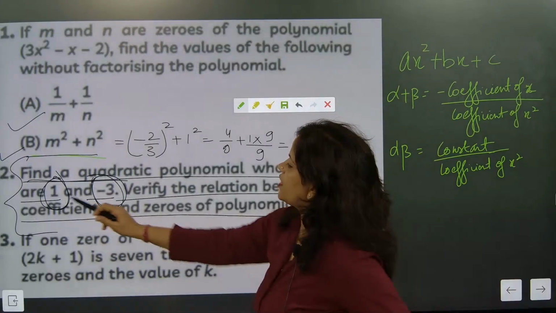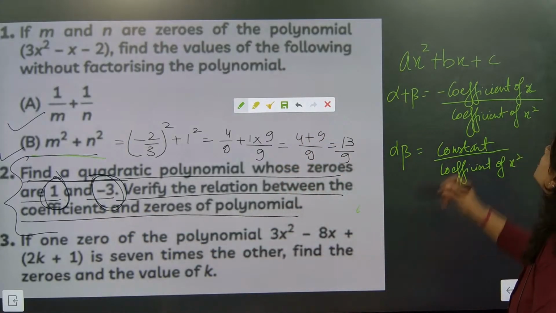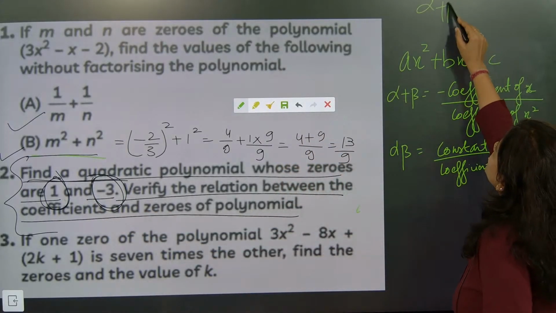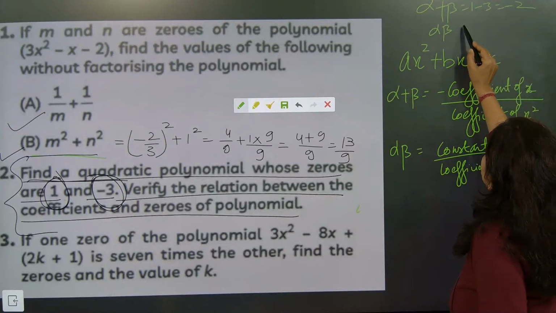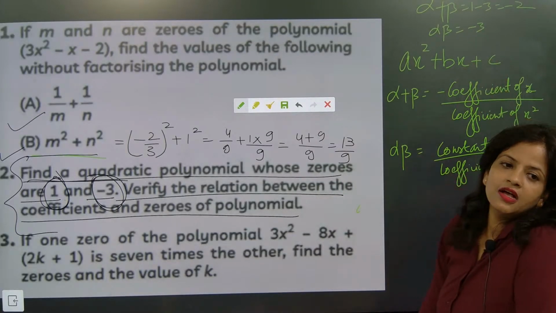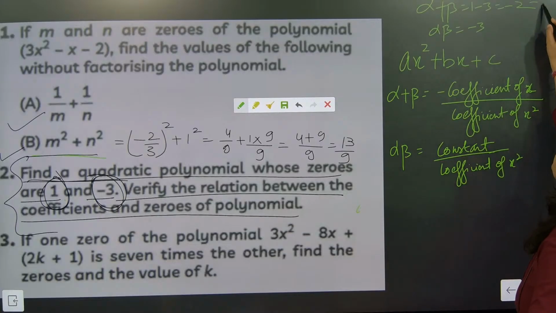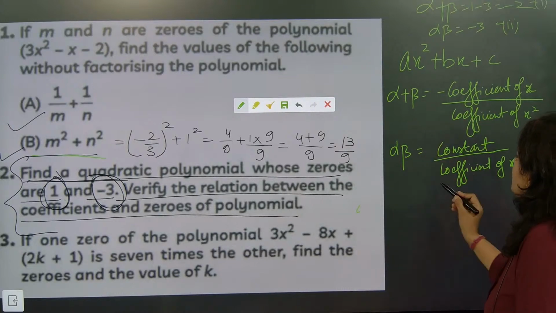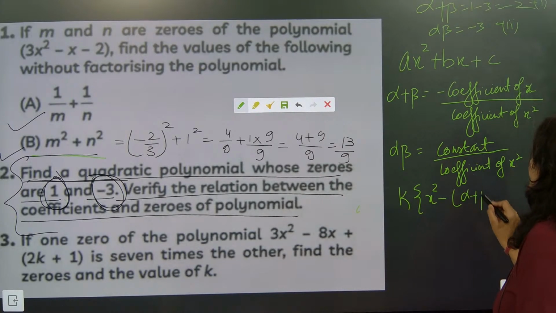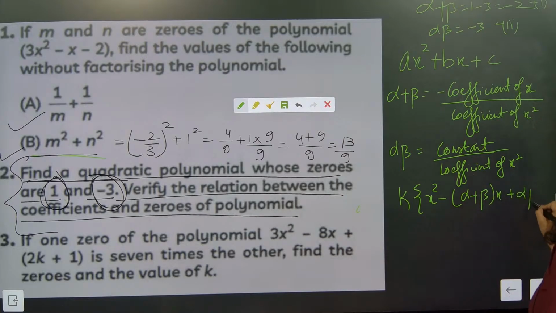So here, alpha is equal to 1 and beta is equal to minus 3. When we are adding alpha plus beta, we are getting minus 2. Alpha into beta, we are getting minus 3. After that we will frame a quadratic polynomial. If we are framing a quadratic polynomial, it will become k times x square minus alpha plus beta x plus alpha beta.